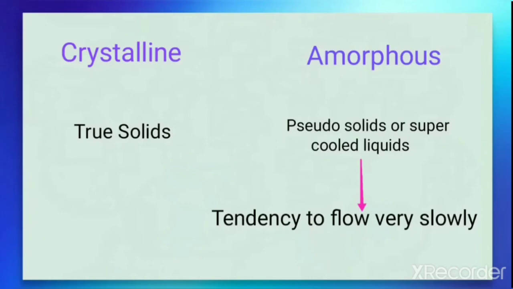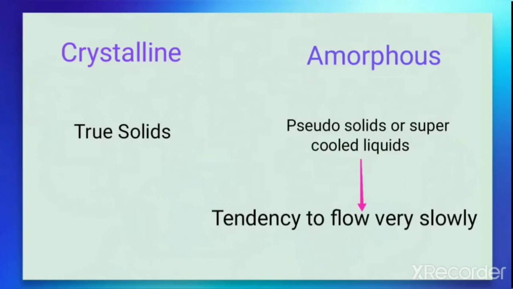Why does this happen? Because glass is an example of an amorphous solid which has a tendency to flow. Maybe you're not going to believe this, but glass has the ability to flow like a liquid, but this flow is very slow.